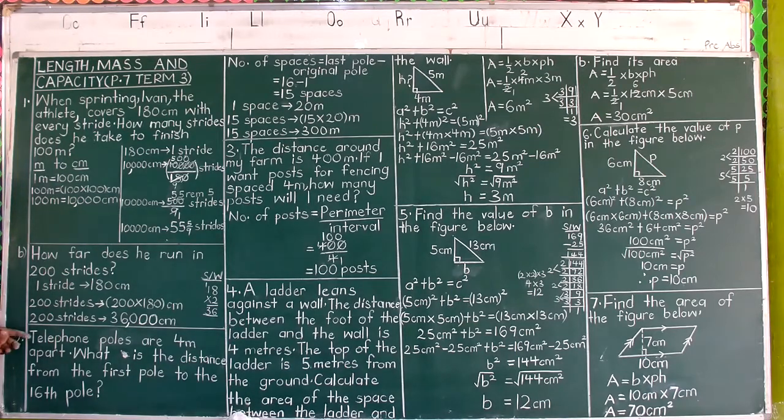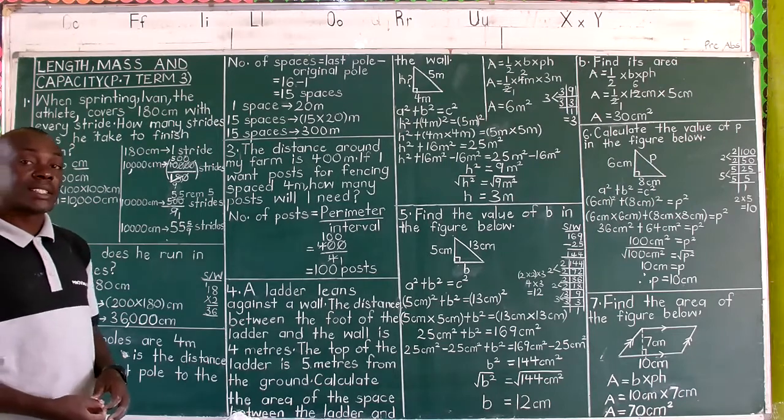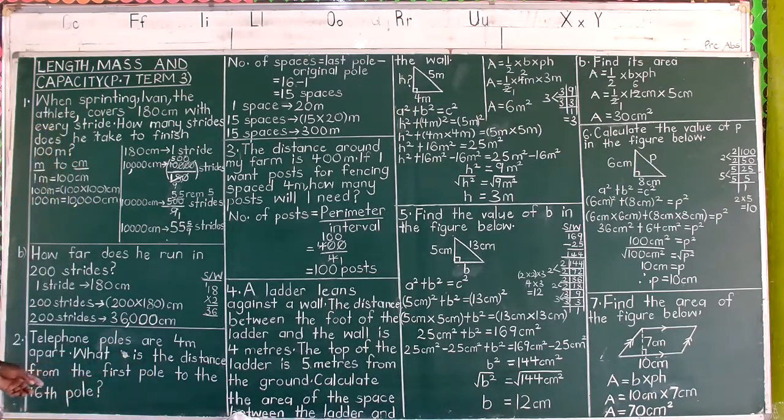So we go to example number 2, and see what it has for us in terms of length. Now we start. Telephone poles are 4 meters apart. What is the distance from the first pole to the 16th pole?